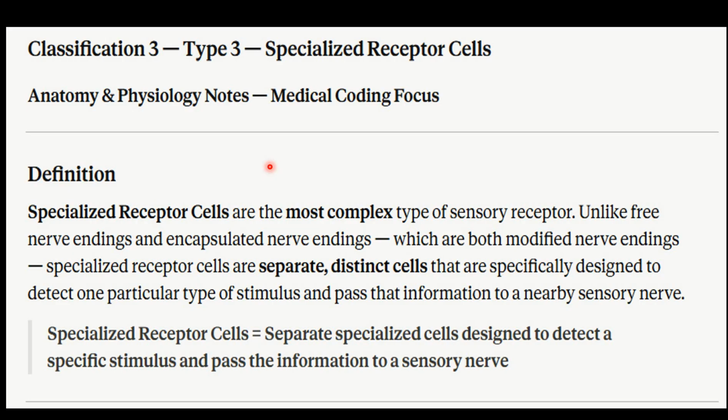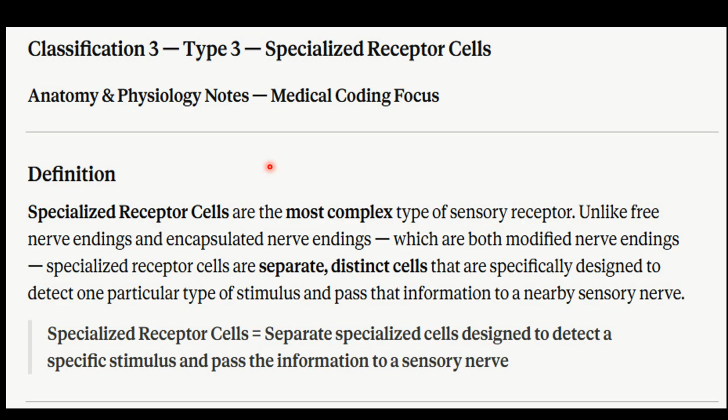Unlike free nerve endings and encapsulated nerve endings, which are both modified nerve endings, specialized receptor cells are separate, distinct cells that are specifically designed to detect one particular type of stimulus and pass that information to a nearby sensory nerve.